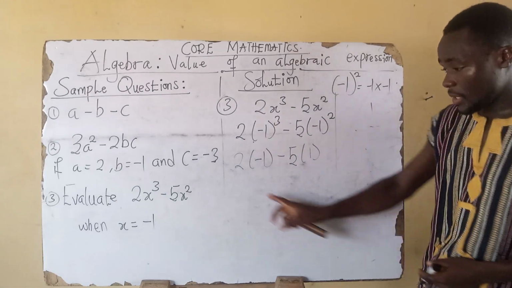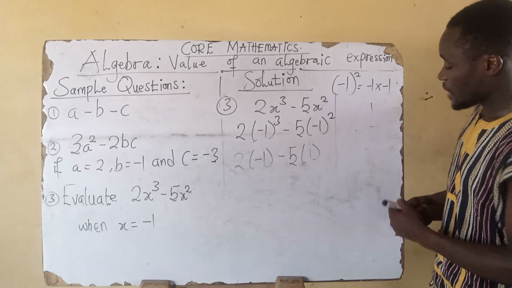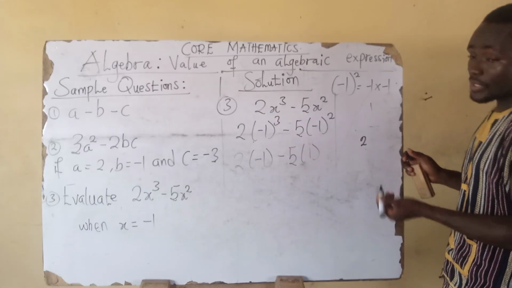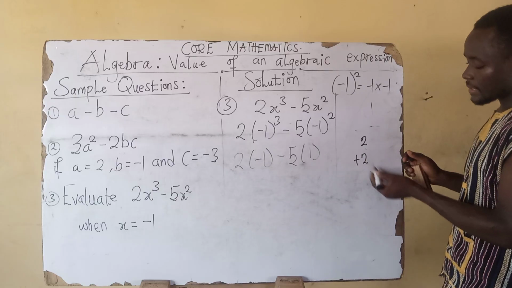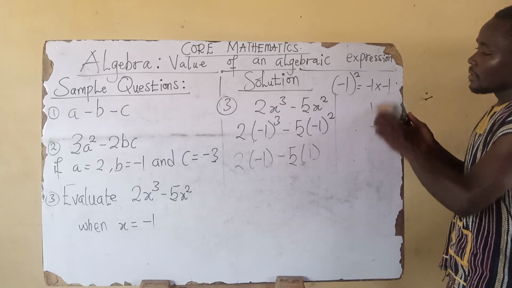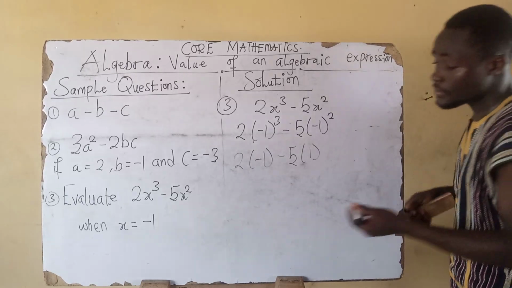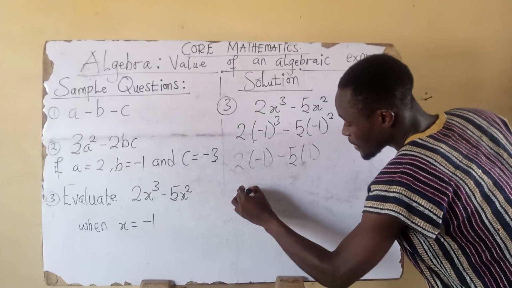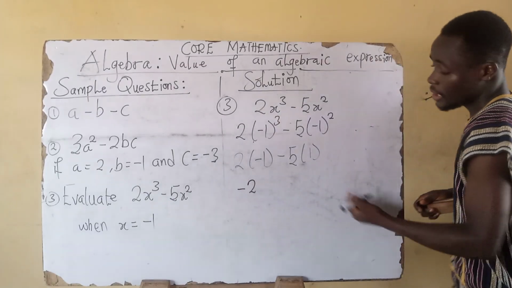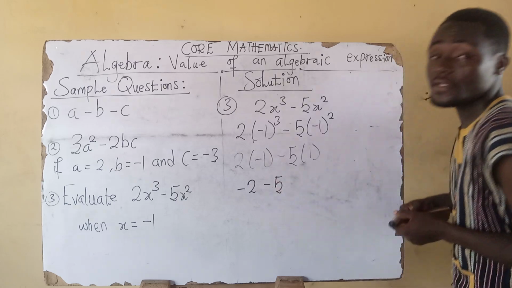So here I'll multiply 2 times this. Remember the 2 here is positive. For positive, we can write this as a positive, or we can write this. This and this are the same. Good. So we continue. We multiply positive 2 by this. We are going to get negative 2. And negative 5 times positive 1, we are going to get negative 5. Are you with me?